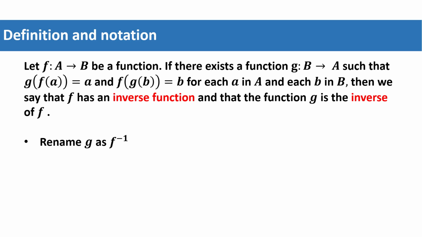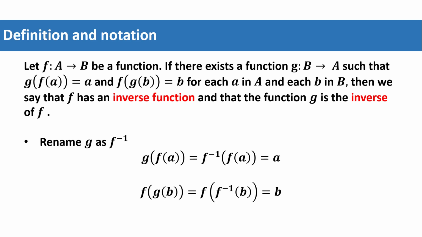The equation g of f of a equals a now reads f inverse of f of a equals a, which we interpret as saying f inverse converts f of a back to a. Similarly, f of g of b equals b now reads f of f inverse of b equals b.